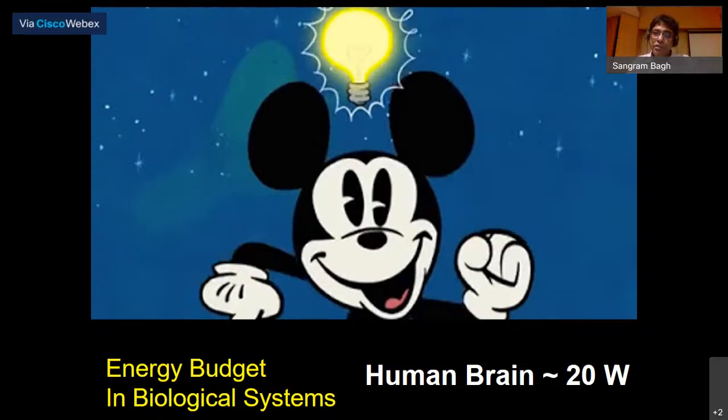So if you see computation in biology, it is not only superior in the number of computations being done, but at the same time in the energy budget. There is no match between 1 megawatt and 20 watts. So we all know how the human brain does this kind of computation.